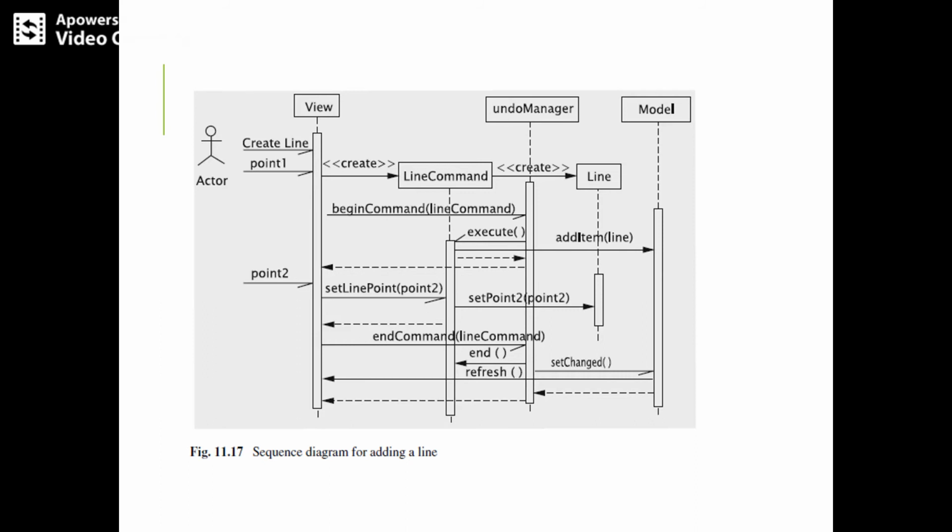So let us discuss the command pattern and its intent: encapsulate a request as an object, thereby letting us parameterize the client with different requests, queue or log requests, and support undoable operations.